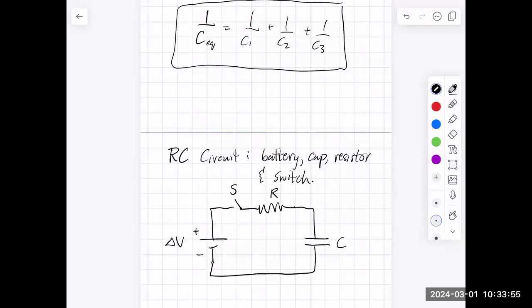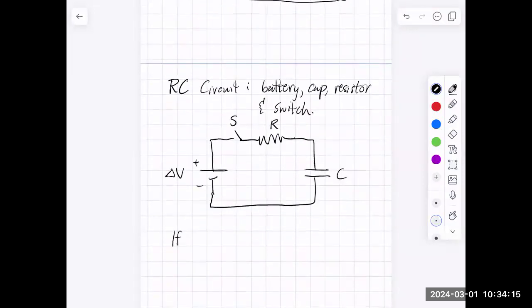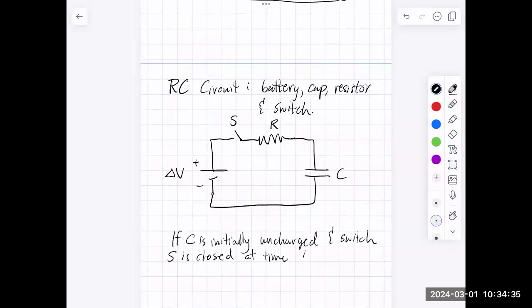So what I want to think about is we know that if we close the switch, our capacitor will charge up. So what I'm going to be interested in is how long does it take to charge up, and how does the charge on the capacitor evolve over time? So if C is initially uncharged and the switch S is closed, let's say at time t equals 0.